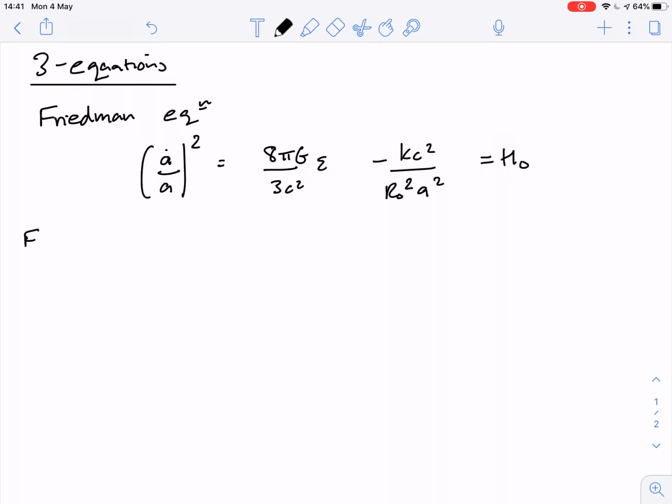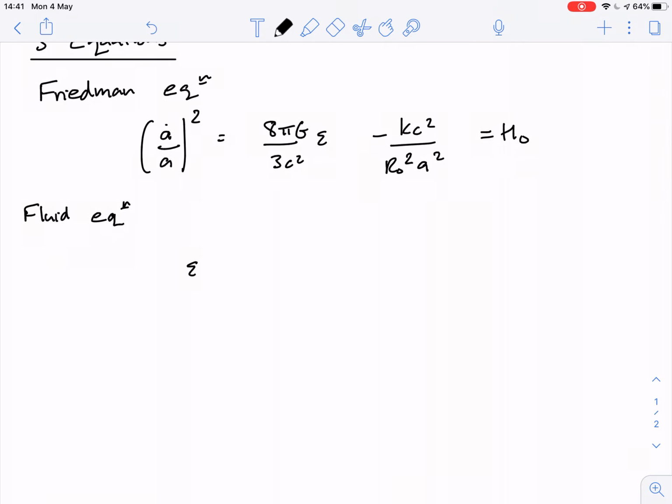We then have 2 other equations. We have a fluid equation, also comes from a statement basically of conservation of energy. And it's going to be very important in understanding how we solve the Friedman equation, because it links the expansion of the universe, a dot over a, now not with time, but with scale factor a.